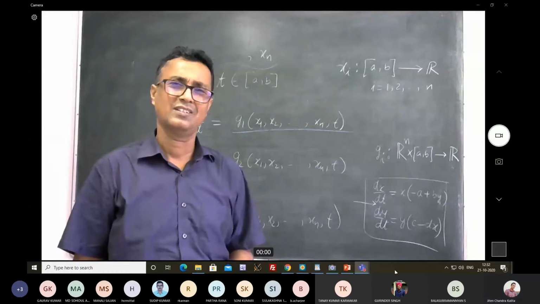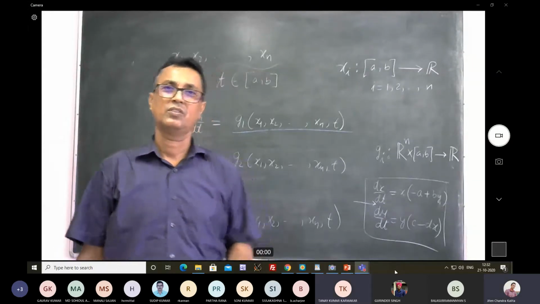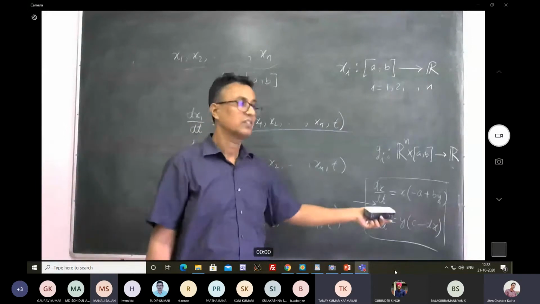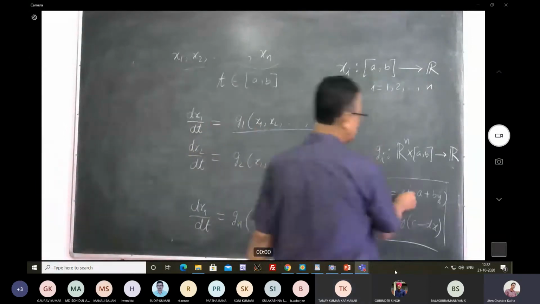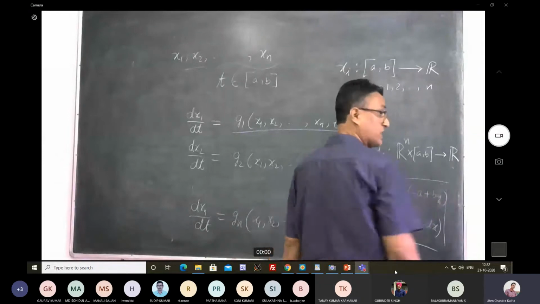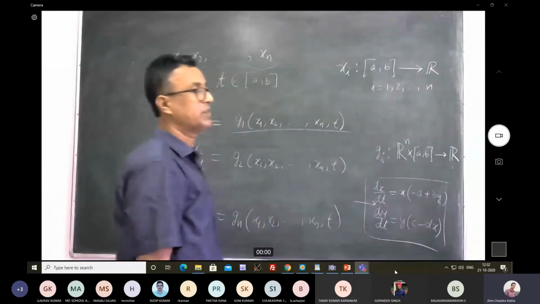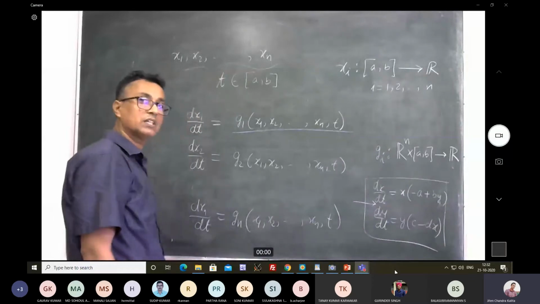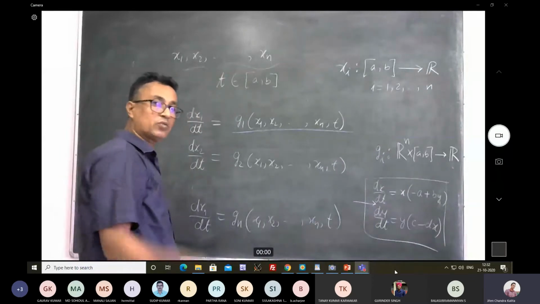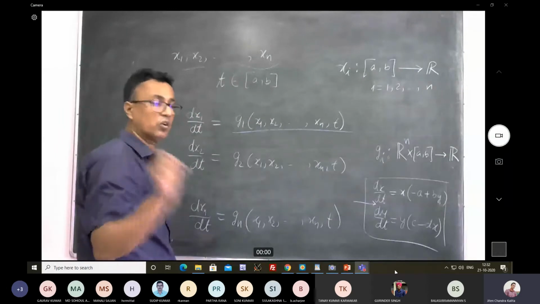Yes, nonlinear. They're not linear, because of this x into y. They are dependent variables, right? The product of dependent variables appears there, so the order is more than 1, x to the power 1, y to the power 1. So this makes it nonlinear.